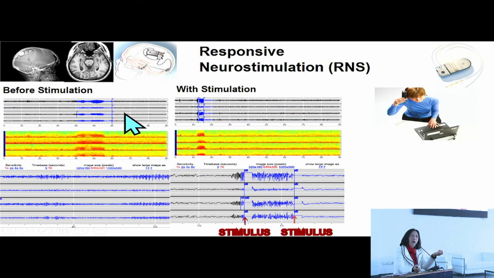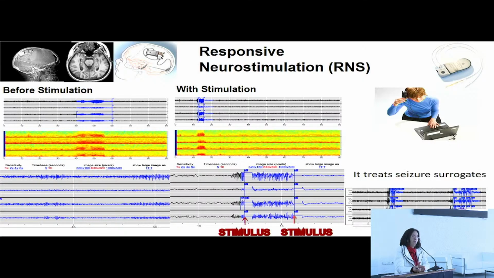And here is how we thought it would work. This was a patient with seizure onset in the mesial frontal region, who has a nice seizure here before stimulation. Then we stimulate. We thought it would stop, and the patient would not have a seizure, or the seizure would be aborted. This is what we thought would happen initially. Turns out reality is always different than you think.